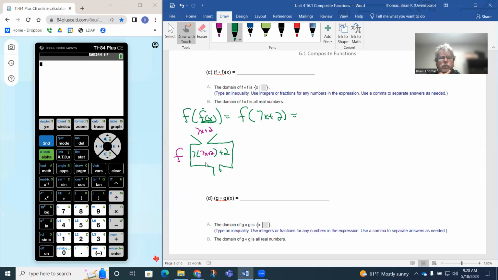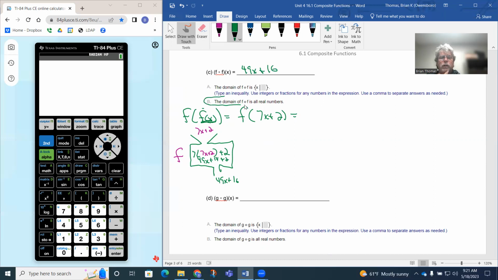So 7 times 7 is going to be 49x. 7 times 2 is going to be 14. Plus 2 will be 16. So 49x plus 16 is what's going to be coming out. So f of f of x is going to be 49x plus 16.